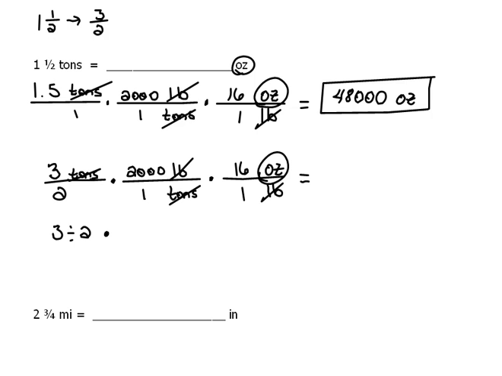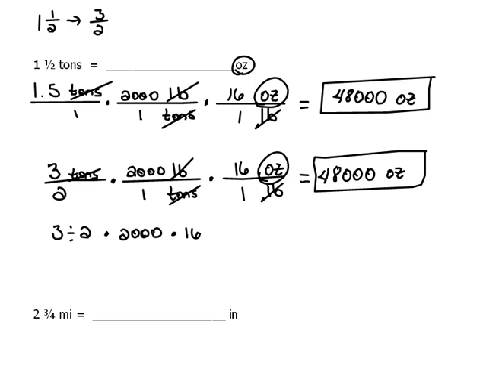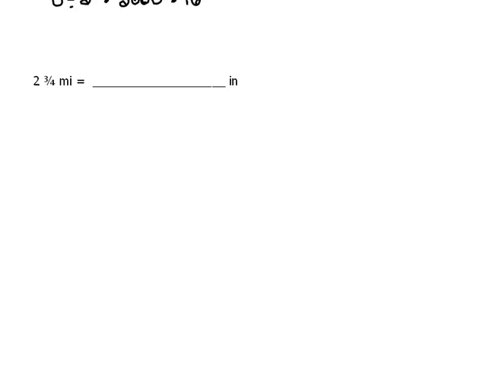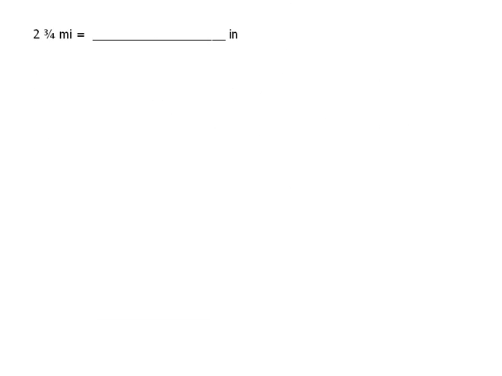And then multiply by 2,000, and then multiply by 16. You will end up getting the exact same thing, no matter whether you work with the fraction or the decimal. I think the decimals are probably easier for us to look at, but either way, you'll get the same thing.